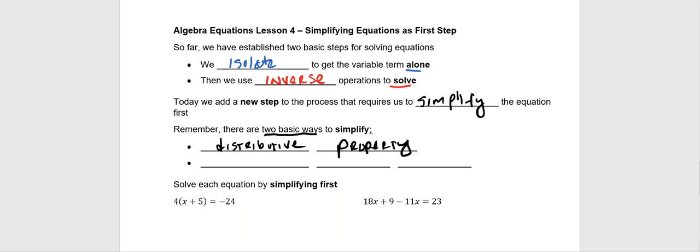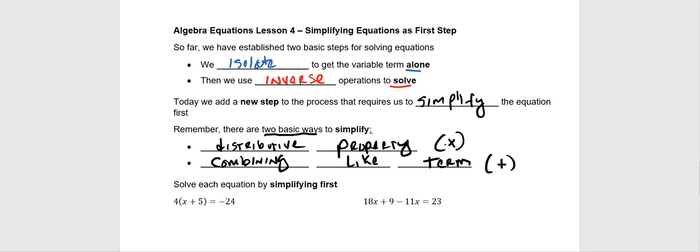And remember, that is basically using multiplication, correct? And the second is by combining like terms. And that is essentially using the operation of addition.